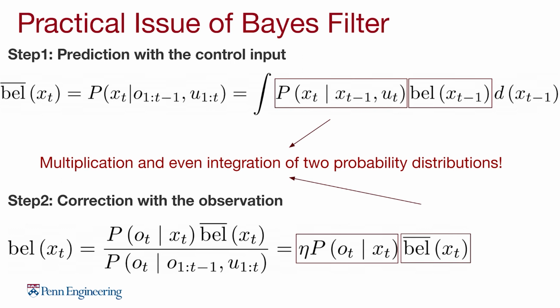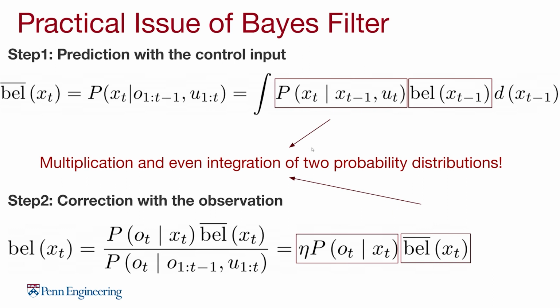If we want to apply filtering algorithms, it is always the case that we use the extended Kalman filter or the particle filter instead of the Bayes filter itself. The reason is that the basic form of Bayes filter needs to do a multiplication and even integration of two probability distributions.